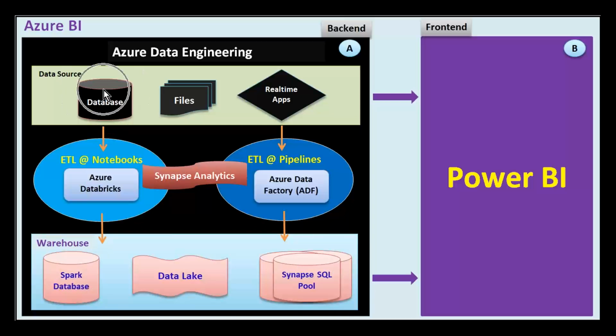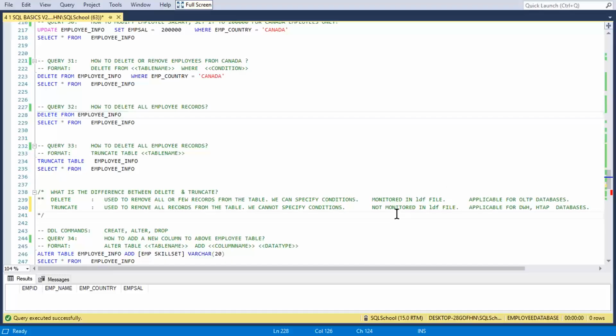We are right now here, in the database. For BI, business intelligence, and data engineering end-to-end implementations, delete is used in regular databases. Truncate will be used in warehouse databases. Truncate is mainly for non-logged activity.